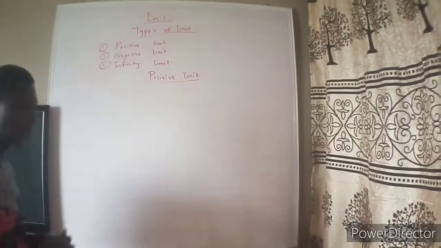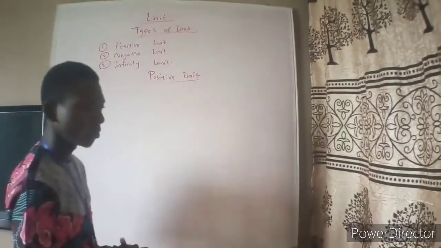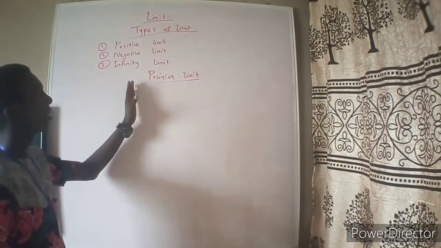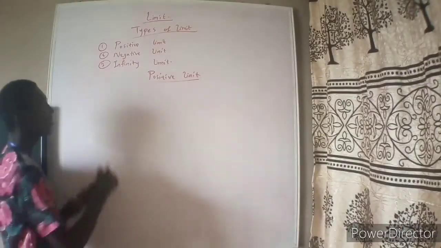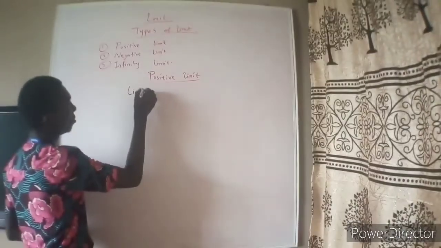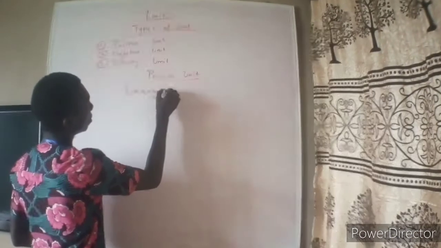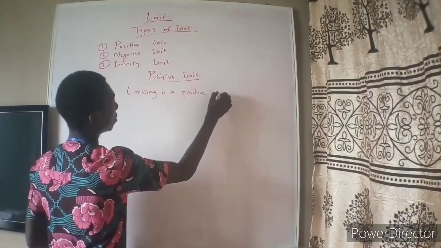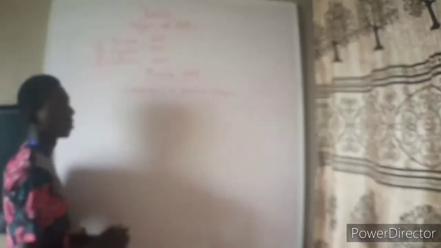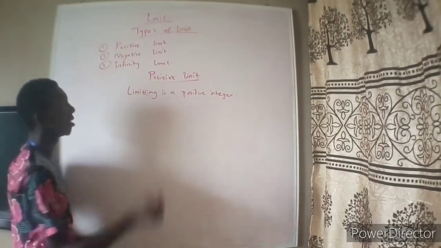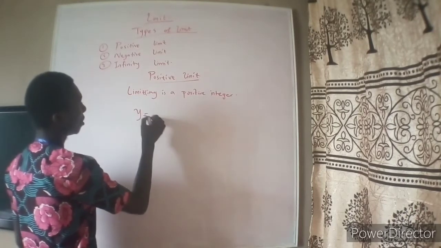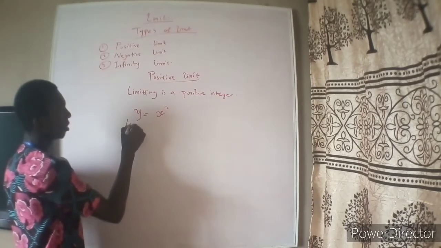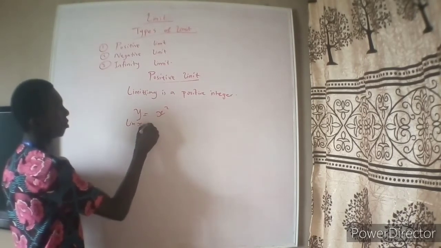Now, positive limit. This is actually a limit whereby the limiting value is a positive integer. The limiting value is a what? Positive integer. That is, if I tell you, like the previous example, y equals x squared. Definitely, the limiting value, limit of x, should be 2.